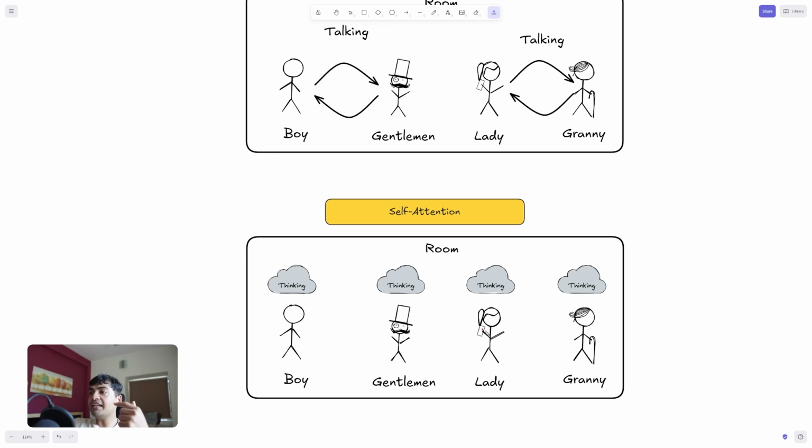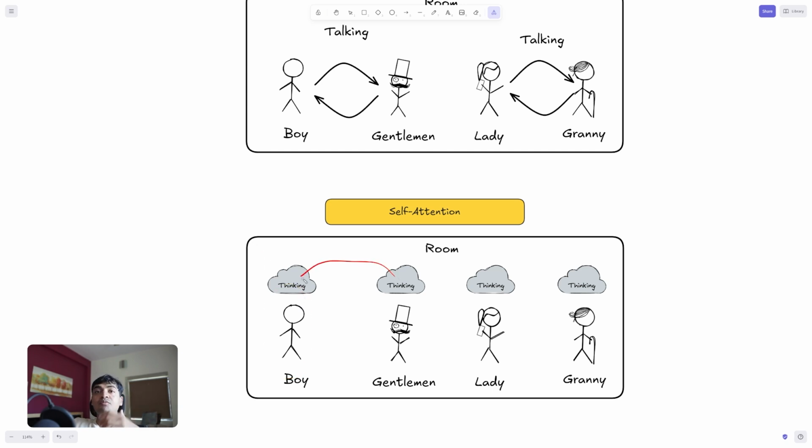He can look at the lady and see, okay, she has a notepad, so she probably is a journalist or a student or something. The boy can look at the granny and see, okay, she's old, she maybe needs a seat to sit on, and so on. Each of these tokens can look at each other, so the boy can look at the gentleman, the lady, and the granny and think about them, finding relations or trying to understand them on his own.